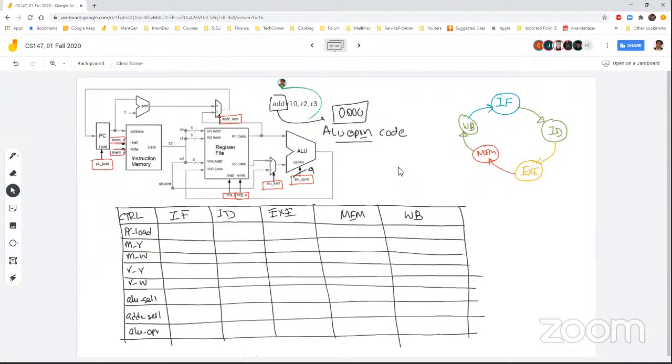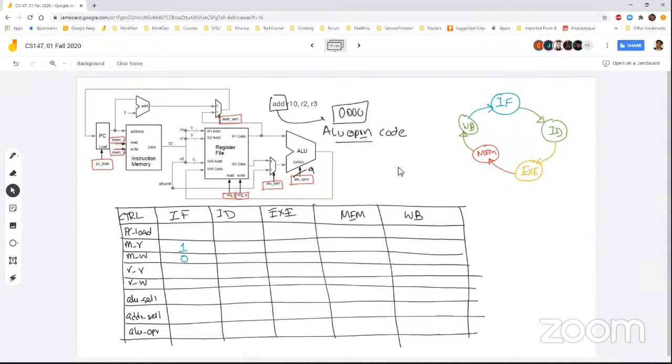So the first thing is the instruction fetch. What we need to do is make sure that my memory is in read mode, and memory write is in 0 mode. Register, let's assume at this point, has only 2 modes, read mode and write mode, unless it is specifically specified that it has a special hold mode or something like that.